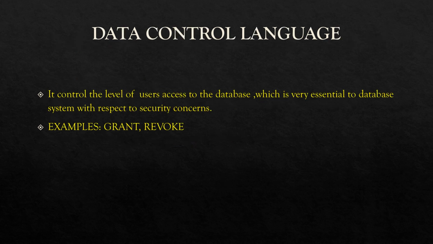Third one is data control language. It controls the level of users' access to the database, which is very essential to a database system with respect to security concerns. Two important DCL commands are grant and revoke. Grant and revoke are two important DCL commands that provide access control to the data in the database.